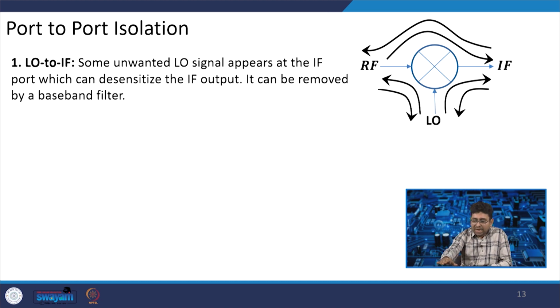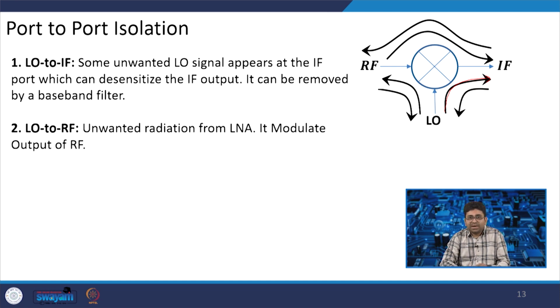That unwanted signal appearing at the IF can desensitize the IF output if it is not properly filtered out, and it can be removed by using a baseband filter. So, the LO to IF feed through will have a very high amplitude, and it should be properly filtered out, so that the other receiver components will not be desensitized.